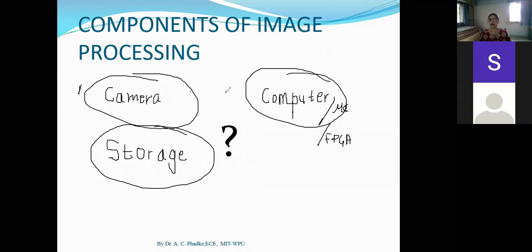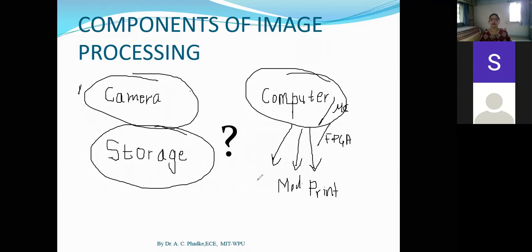And along with that, once the image is processed, according to the application, you need one more component. Either you need a printer if you want some hard copy of the processed image. If it is an application related to transmission, you need some modem to transmit your data.